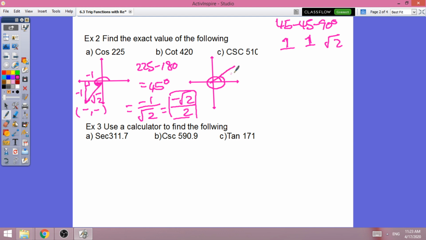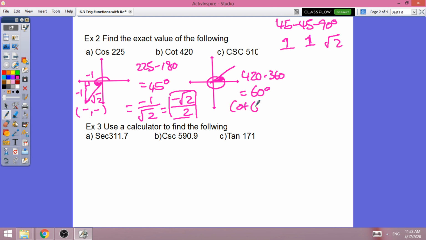And here's the reference angle. The way to find it is 420 minus 360, so you get 60 degrees.